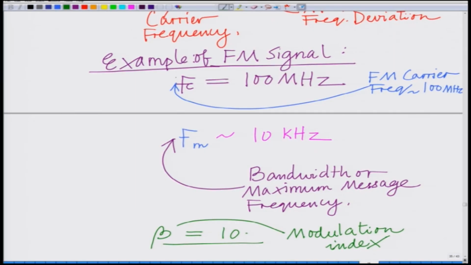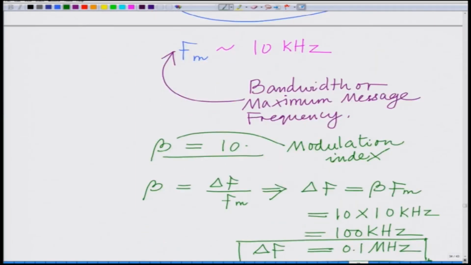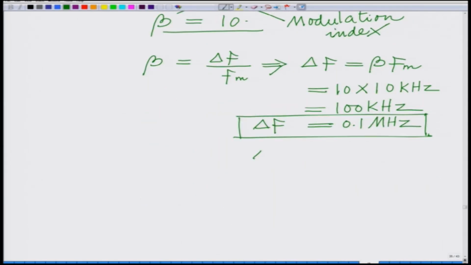Your carrier frequency Fc is of the order of 100 megahertz, and your delta f is approximately 0.1 megahertz. So you can clearly see that delta f is much smaller than Fc.